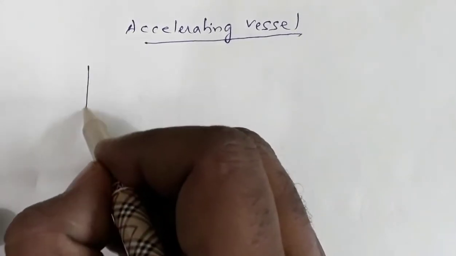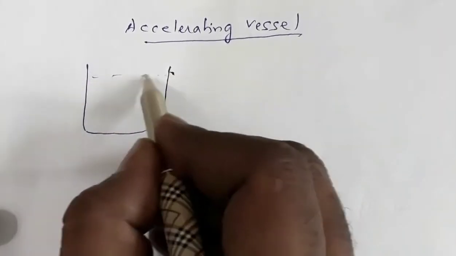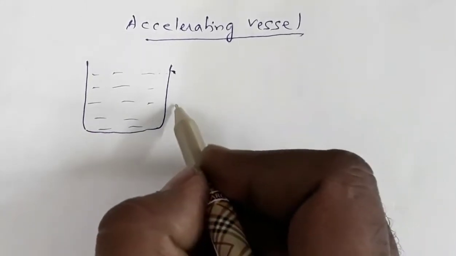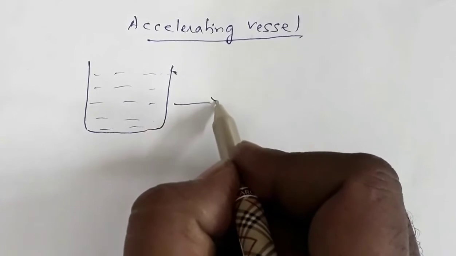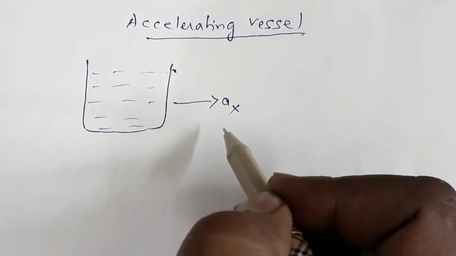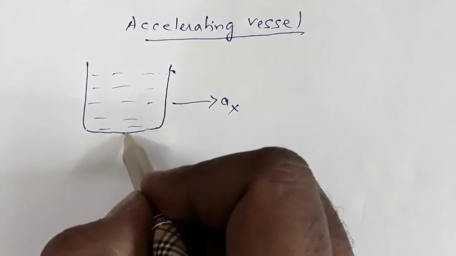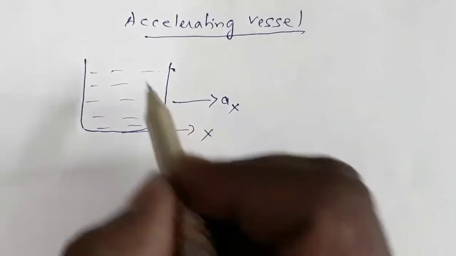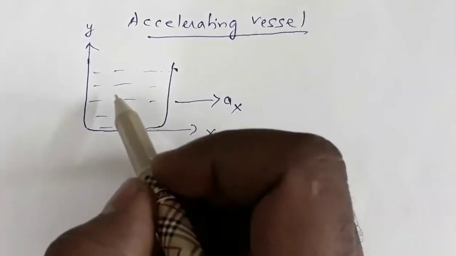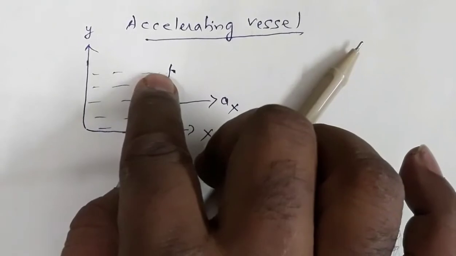Now if this is the vessel, and contains some liquid. Now this vessel is at rest. Now if this vessel starts accelerating in this direction, say ax is the acceleration along x-axis. So we have taken this direction as x-axis and this direction as y-axis. If the vessel initially is at rest, the level of the liquid will be like this.